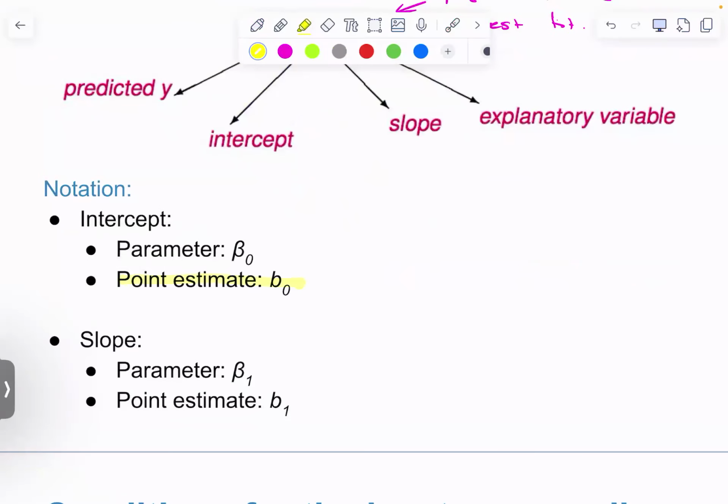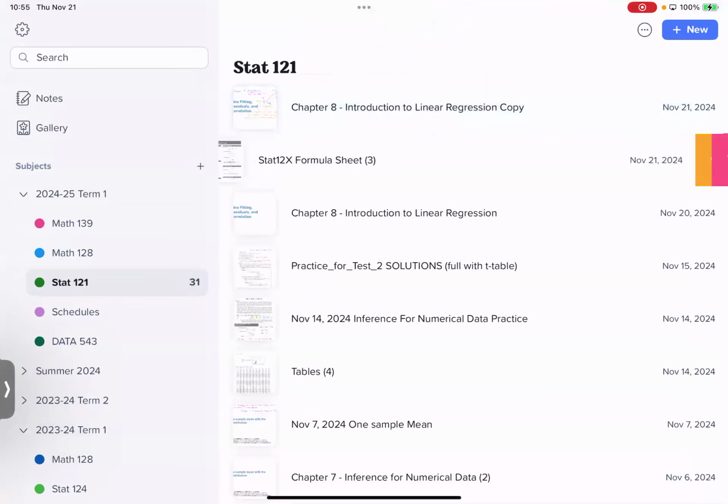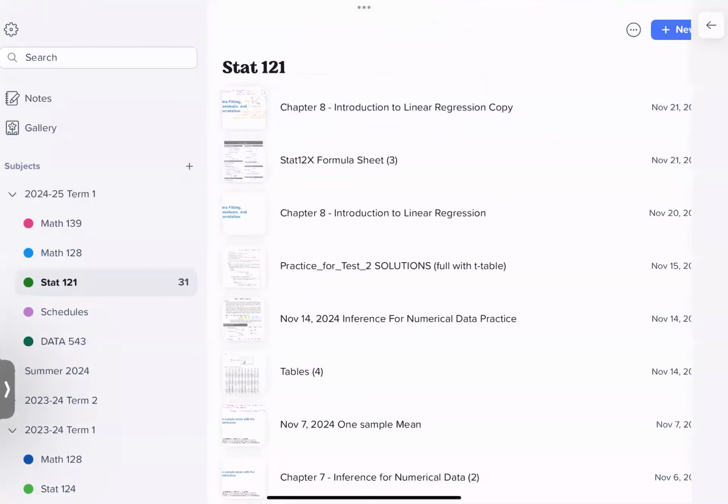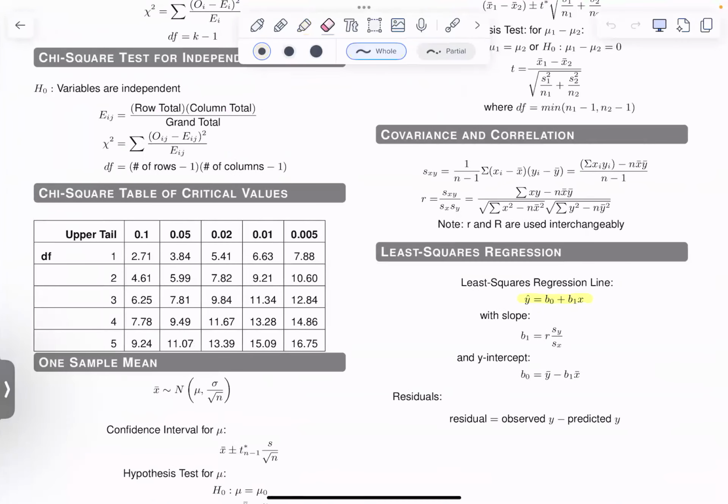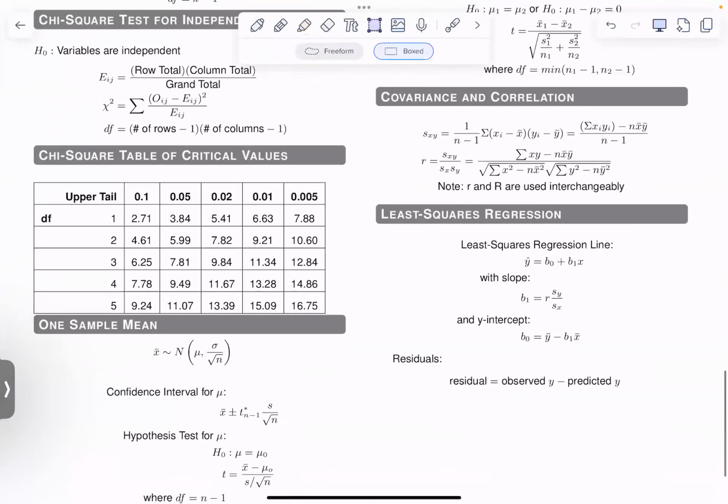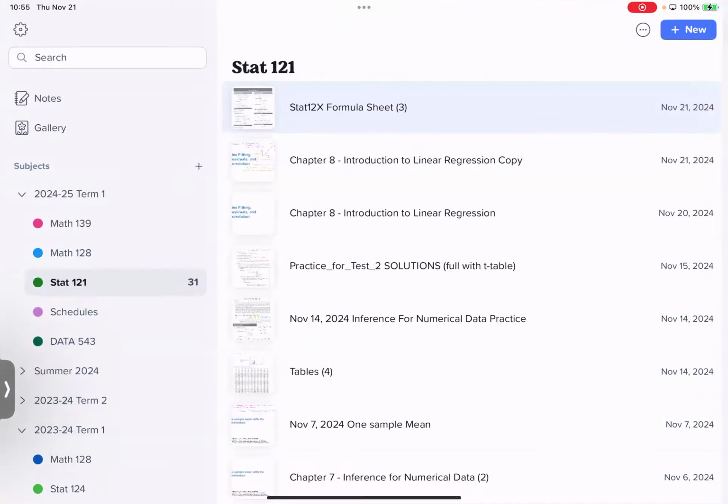For us, we're just going to use our point estimates. Our work is going to be in the point estimates. And so on your formula sheet, look at us just plowing through our formula sheet today. Are you ready to introduce the last tidbit? Kind of did it in a weird order, but it's okay.